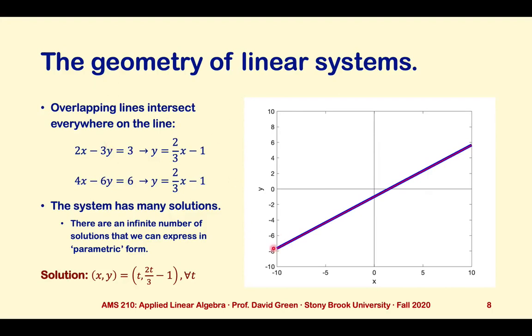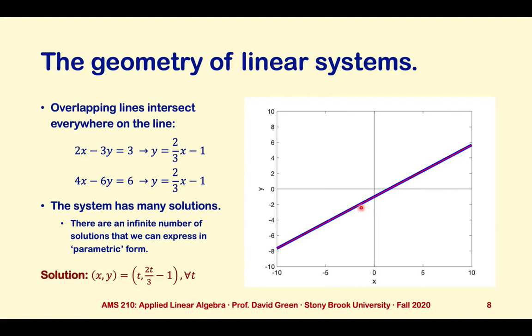In this instance, if we try to plot these two lines, they are the same line. If they are the same line, then every point on this line is on both of these lines and satisfies both of these equations. This is a system that has many solutions. In fact, an infinite number of solutions, because a line is infinitely long and contains infinitely many points.